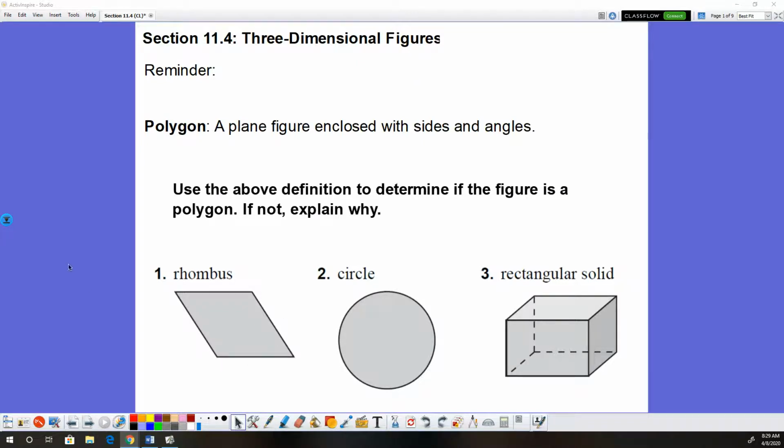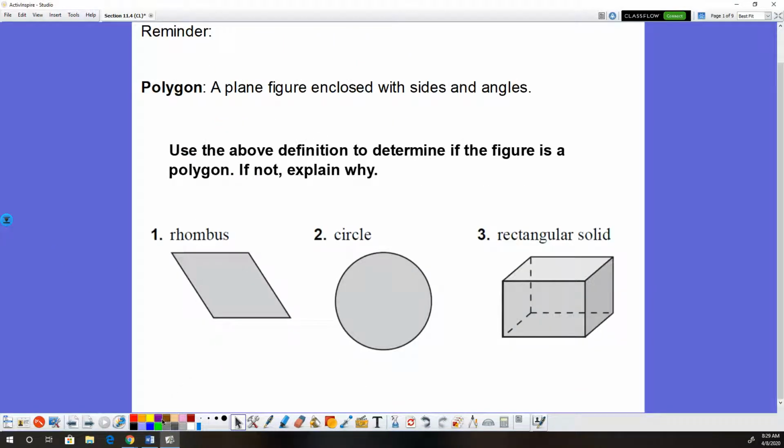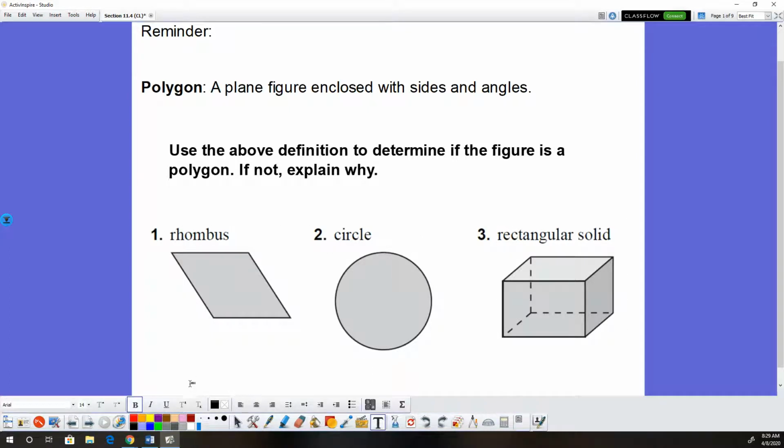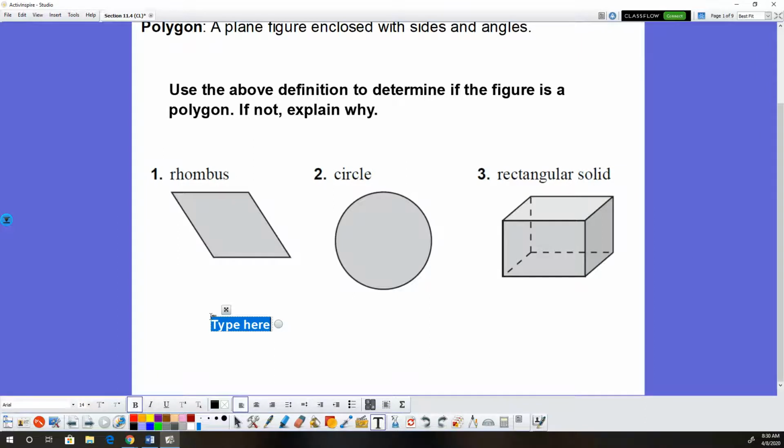So if I just do these to kind of jar our memory, a rhombus, is it a plane figure? Well, a rhombus is. So yes, it is. It's a plane figure and it's constructed of angles and sides. I'm not going to write all that down, but read the definition and that is why it is yes. All right, so a circle is not a polygon because there are no angles or sides.